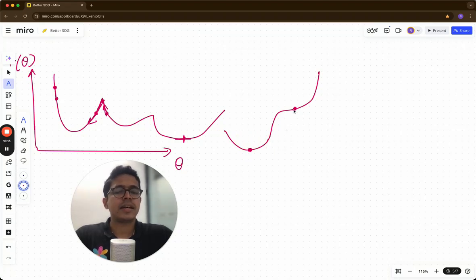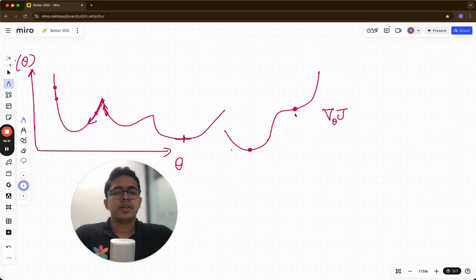The difference is that the slope when you approach from the left-hand side and from the right-hand side is such that the second derivative is not similar to the second derivative at a minimum like this. So if you end up getting stuck in a saddle point, then the gradient of J with respect to theta will be 0.